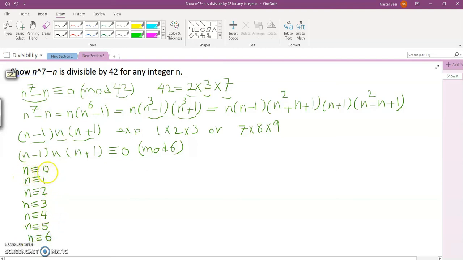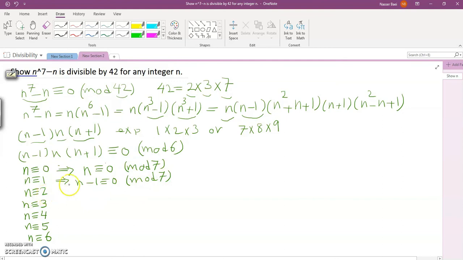For n congruent to 0, this part will be our solution. So from here we will have n congruent to 0 in mod 7. For n congruent to 1, this one will be our solution. So n minus 1 congruent to 0 in mod 7.